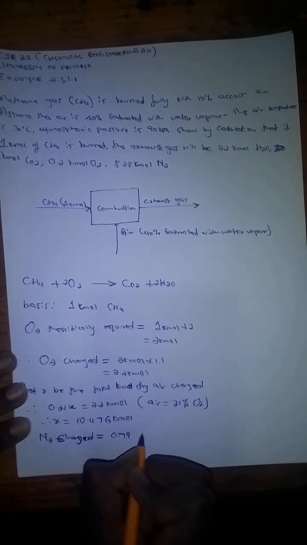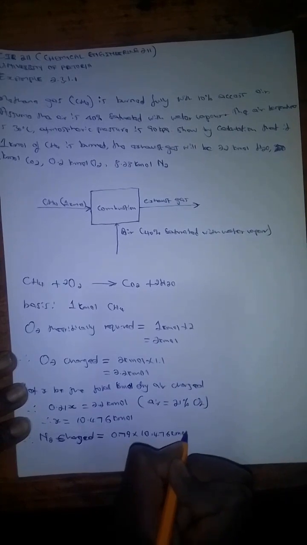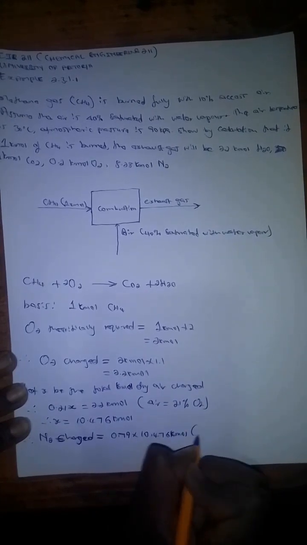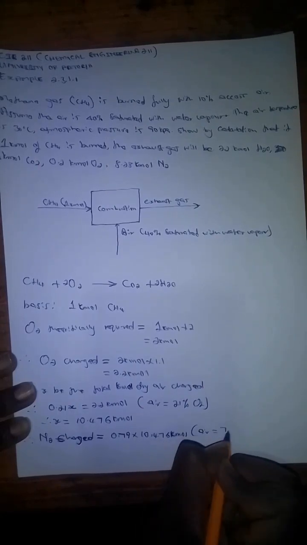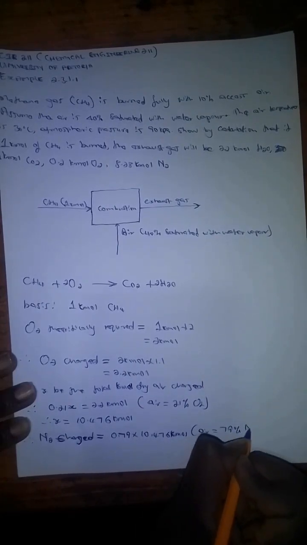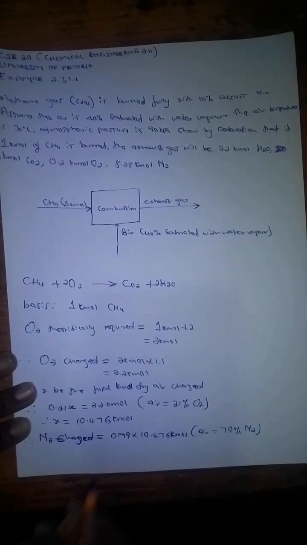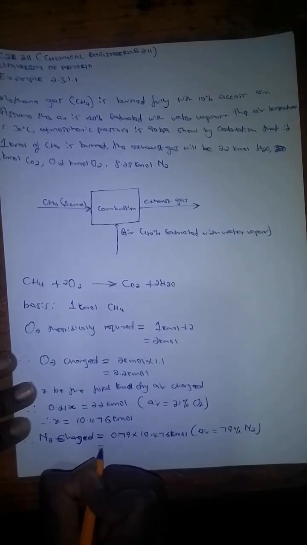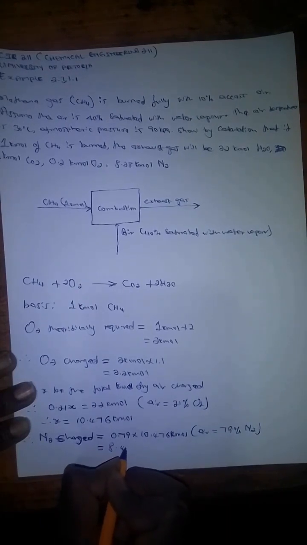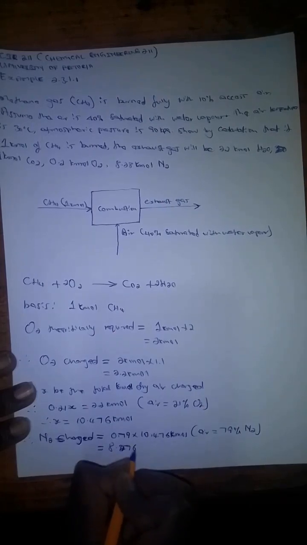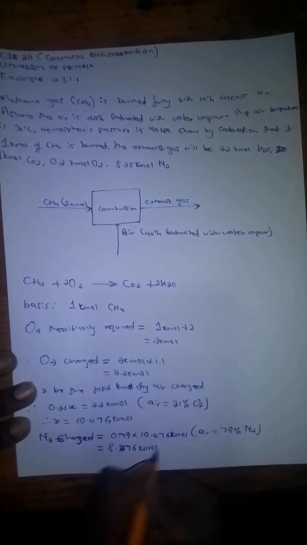0.79 multiplied by 10.476 kilomole, right? Let me write here that air is equal to 79% nitrogen. Now that means this equals 8.276 kilomole.